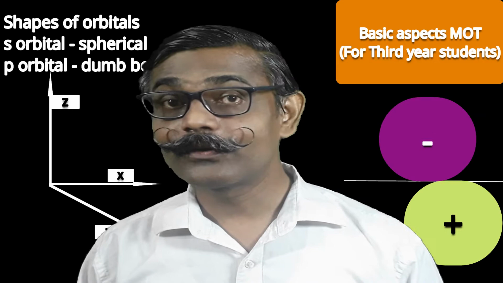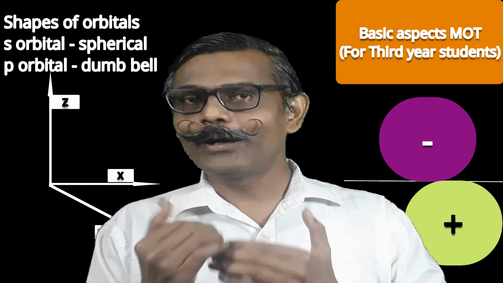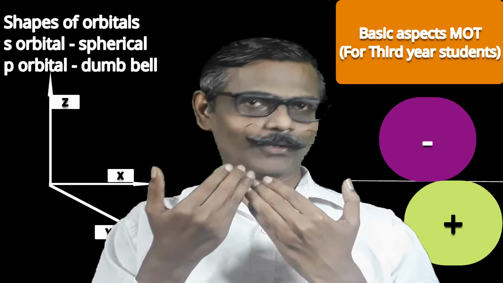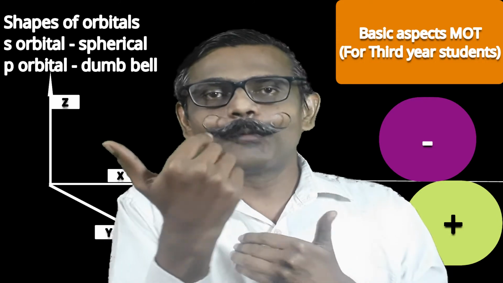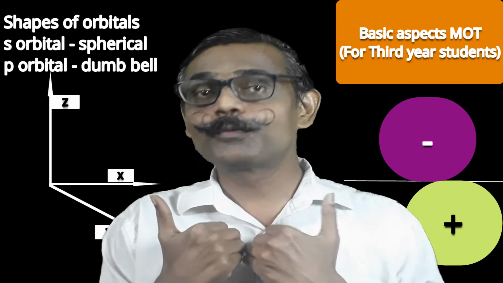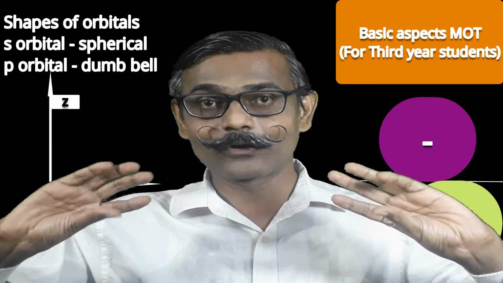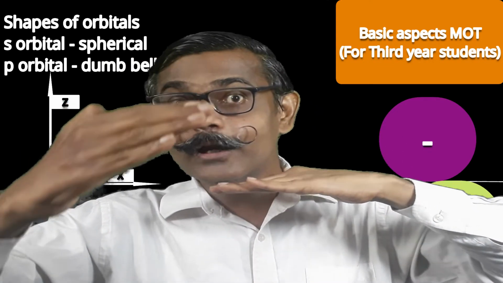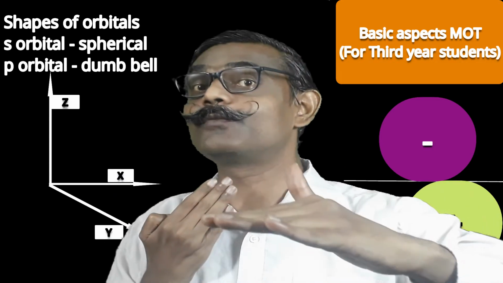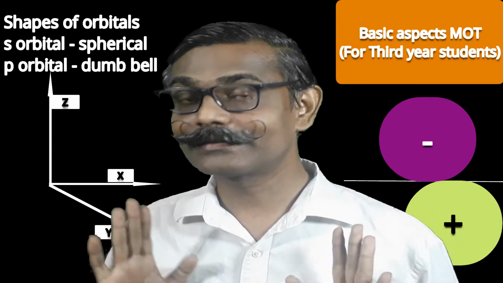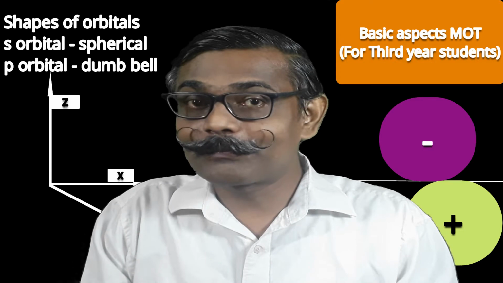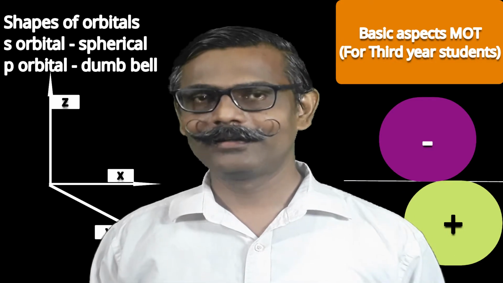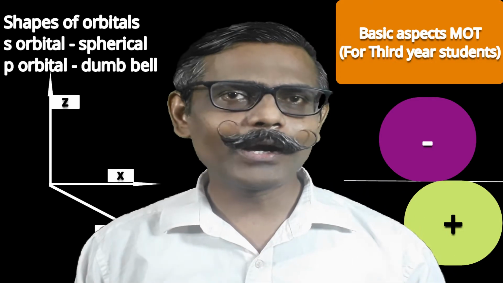If I consider the py orbital, one lobe will be towards your side and one lobe towards my side. Suppose the lobe towards you is positive and the lobe towards me is negative. By 180 degree rotation, the negative lobe will come to your side and the positive lobe to my side. As was the case for the pz orbital, the same case will be there for the py orbital.